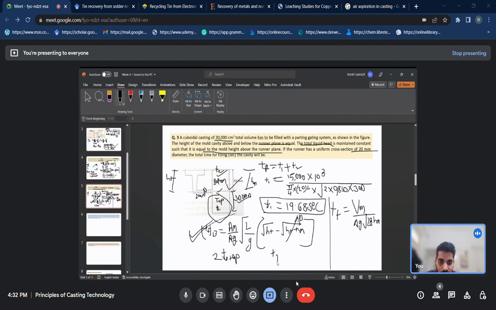So T filling for the bottom gating system, T2, will be 2 times 19.68, which is around 39.36 seconds.